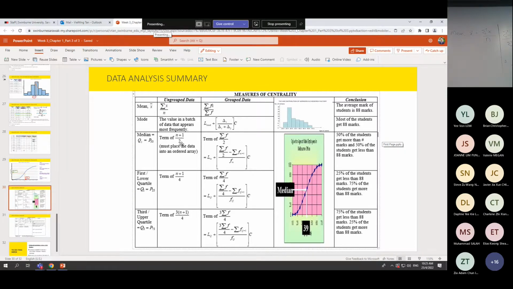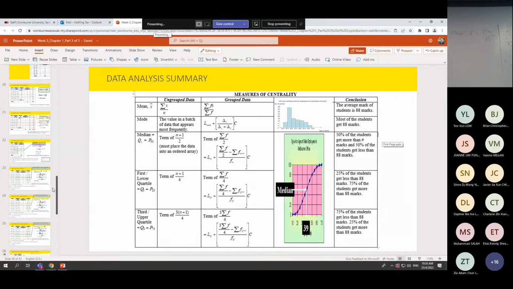Last week we learned it for ungrouped data, but today we have grouped data. For grouped data, we need to use a different formula to identify the location of the median. We have to use this one now: total F divided by 2. No more plus 1. Okay, so now I go back to the formula.